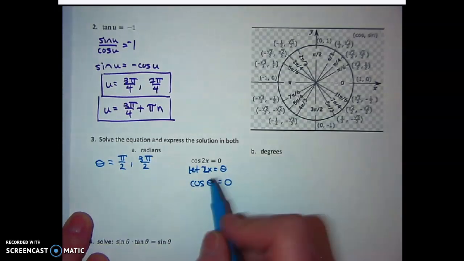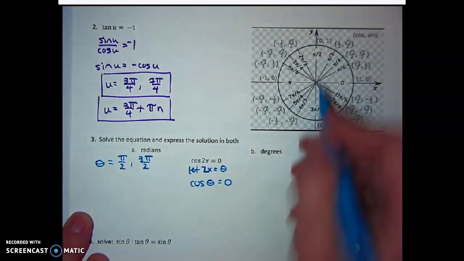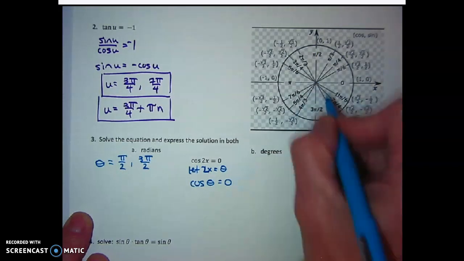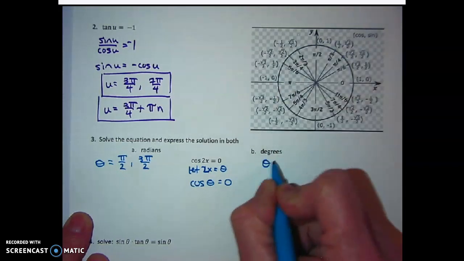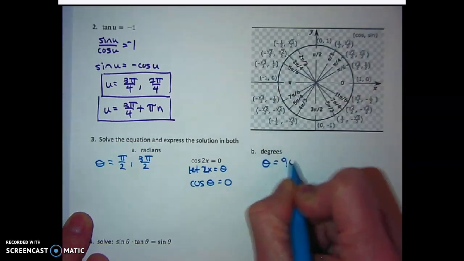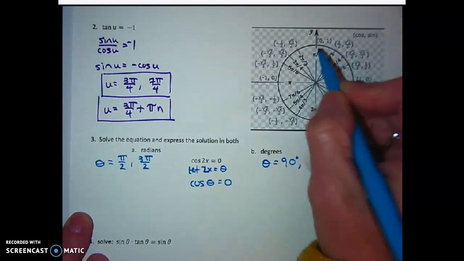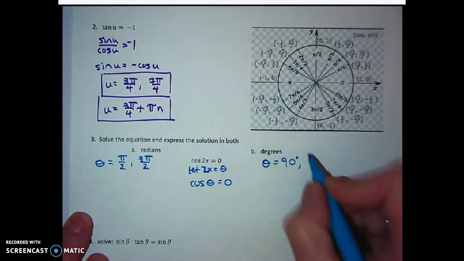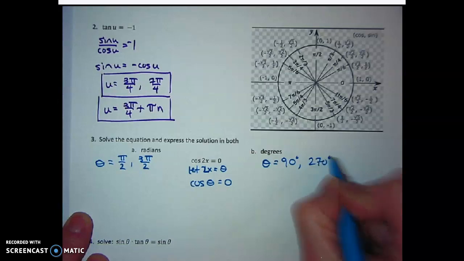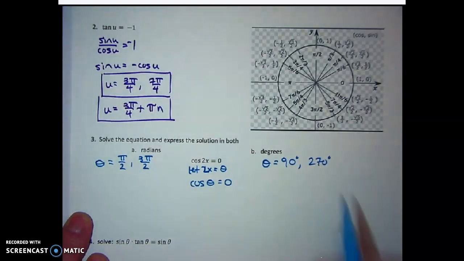Let's go around and do the same thing in degrees. Well, it's still up here. Straight up, my theta is going to be 90 degrees. And there's 180, so another 90 is going to be 270 degrees. So that's the two specific solutions between 0 and 2 pi, or between 0 and 360.